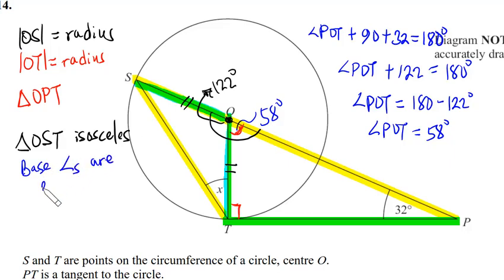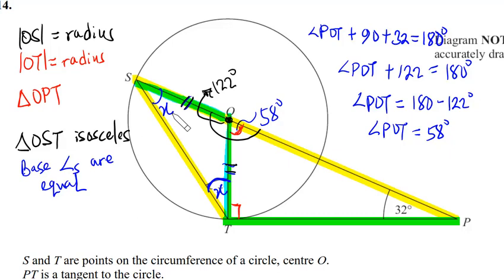So we said OS and OT are of equal length resting on the base ST, so the base angles lying on ST will be the same. If here is X, definitely here too will be X.